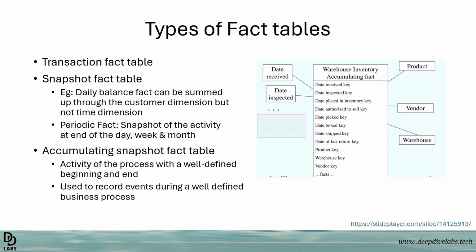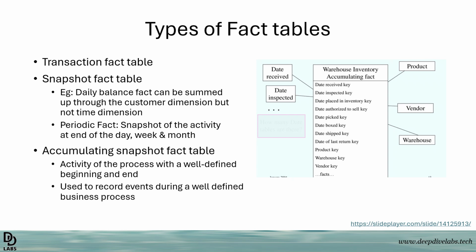So it's used to record events during a well-defined business process. You will have multiple sets of dates, multiple sets of steps. As the steps go through, it gives you the complete snapshot of the business process at a particular point in time.